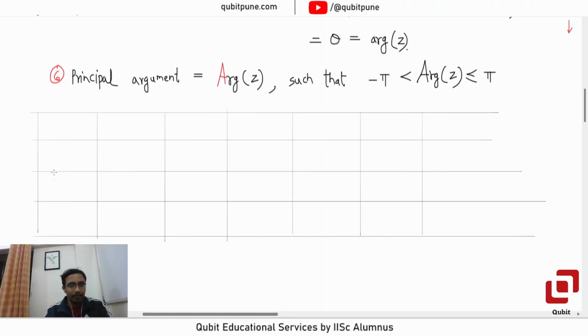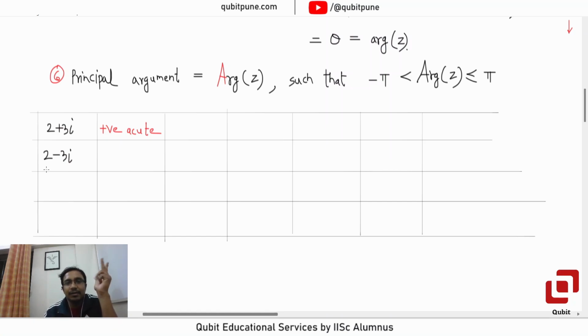Okay, 2 plus 3i. Come on, is the principal argument of 2 plus 3i acute, obtuse, negative acute, or negative obtuse? Yes, positive acute, because it lies in the first quadrant. 2 minus 3i. On the Argand diagram, where does this number lie?